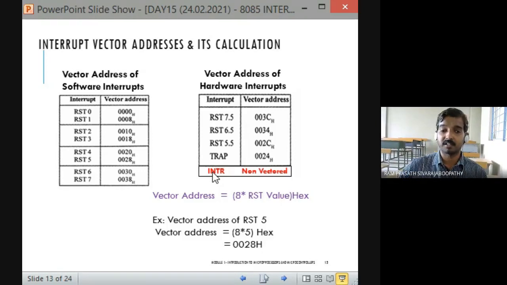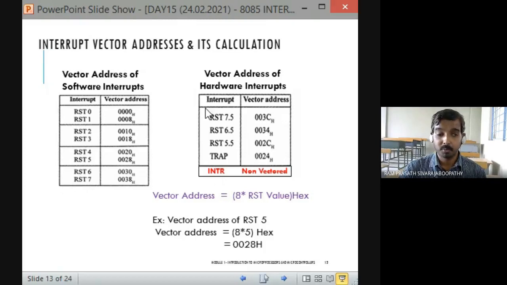A function is written, an interrupt service routine is written somewhere, or some subroutine is written somewhere. Which instruction will you use to call that particular subroutine? Which instruction will we use? Yes, very good. Sajesh typed, Anthony Surya typed, very good. Call instruction.